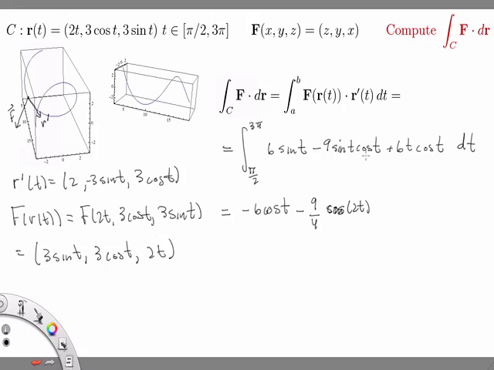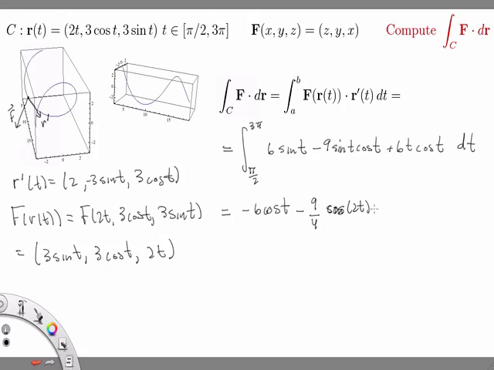So this is sine of 2t, so its antiderivative is negative cosine of 2t over 2, and this is really sine of 2t over 2, so that's why it's over 4. And then using u equals t and dv equals cosine t dt, we can do integration by parts.